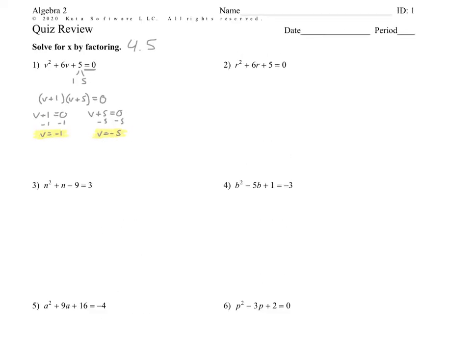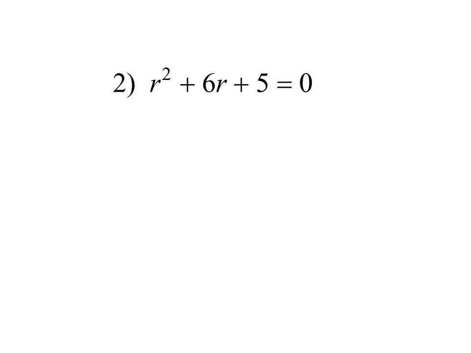So let's start with number 2. Kervin, what do we do? Factors of 5. 1 and 5. So what do we do with that? Are the 1 and 5 positive? Yes.